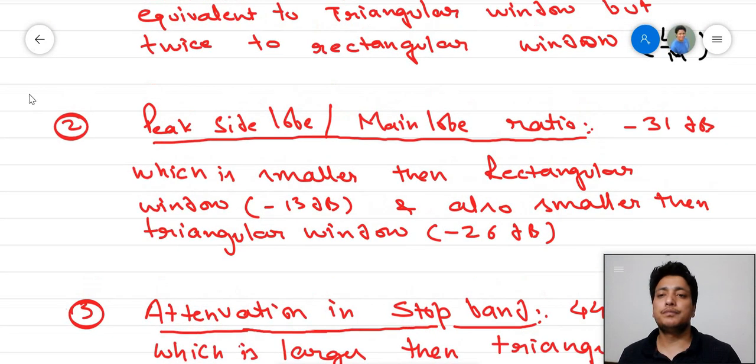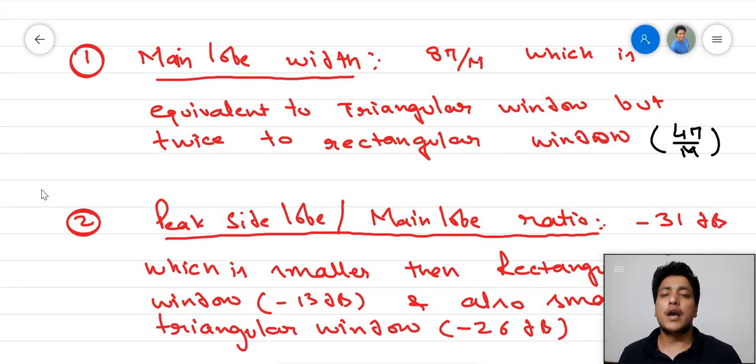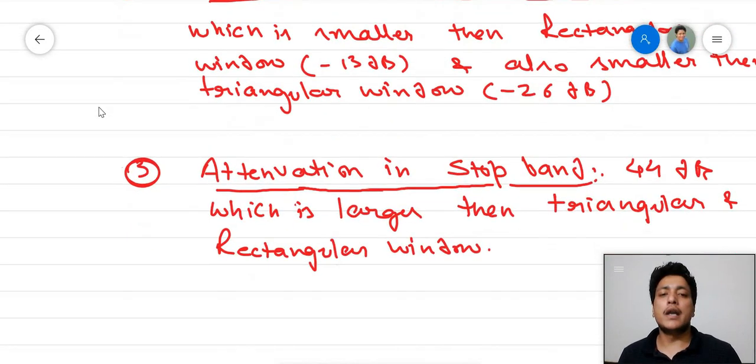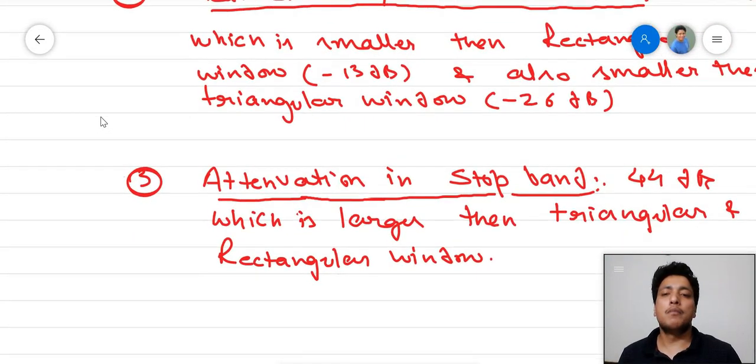That means using Hanning window will give a main lobe width equivalent to triangular window, but peak side lobe to main lobe ratio and attenuation in stop band better compared to rectangular window.